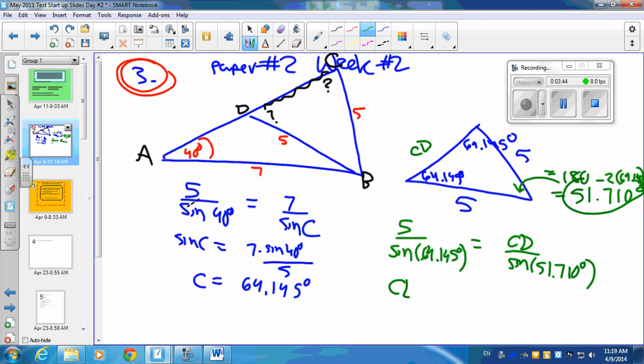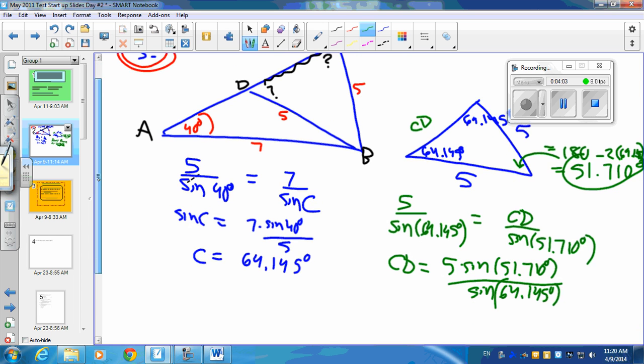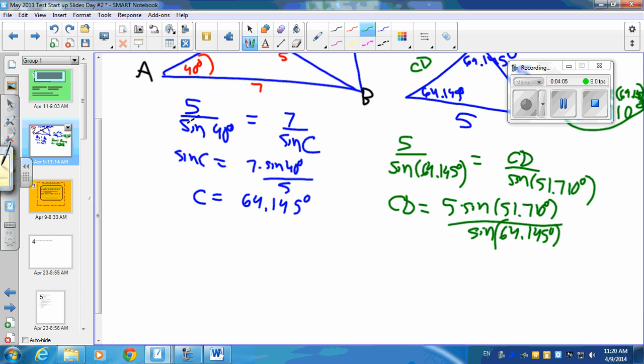And CD is going to be equal to 5 times the sine of 51.710 over the sine of 64.145. And what'd you get? Make sure you're in degree mode, by the way, if you're talking degrees.